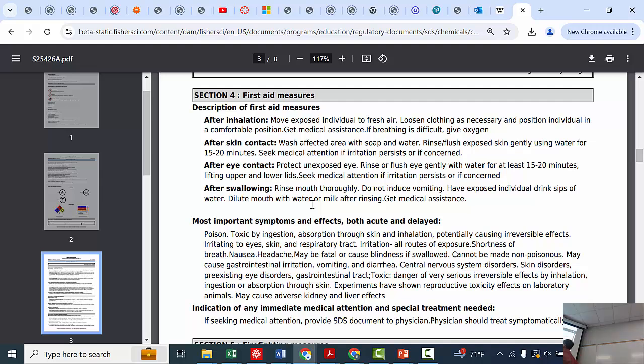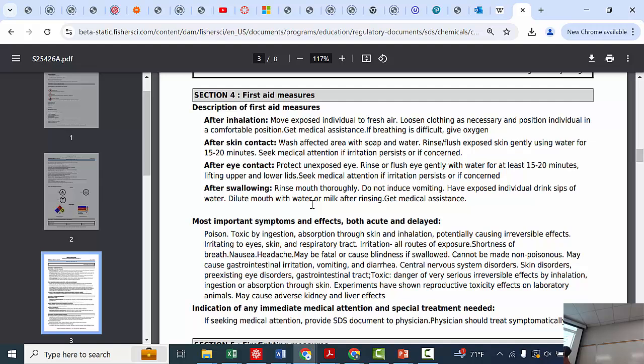Some first aid measures after inhalation: move exposed individual to fresh air, etc. These are standard first aid measures for most chemical exposures. After skin contact, wash affected area with soap and water. Rinse, flush exposed skin gently using water for 15 to 20 minutes. Seek medical attention. So if you spill a whole bunch of methanol on you, you want to make sure you wash thoroughly.